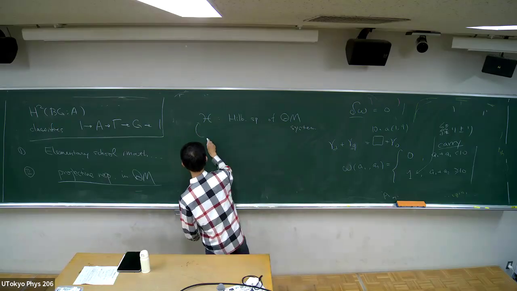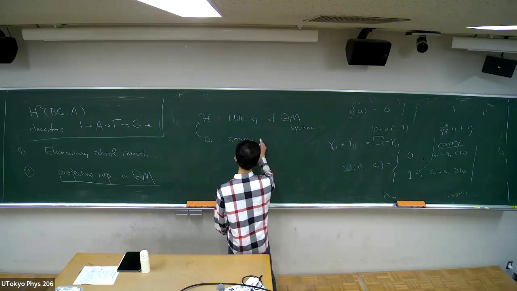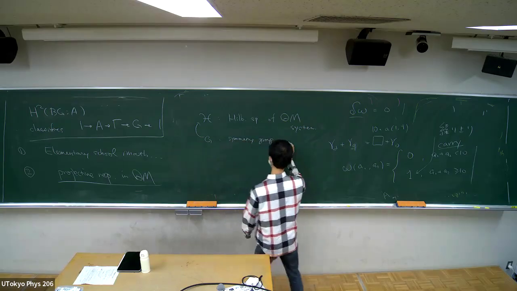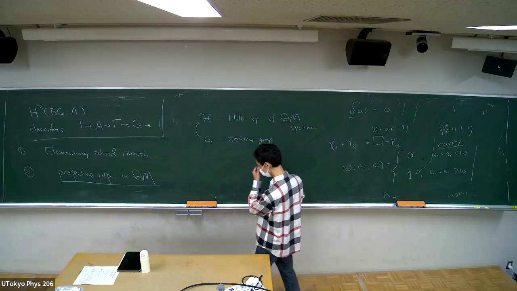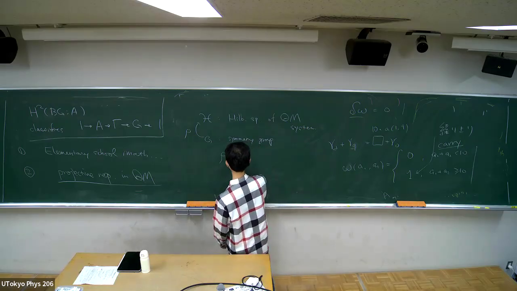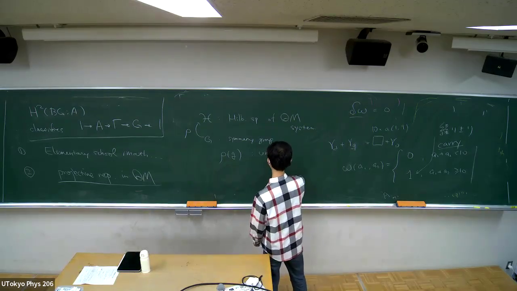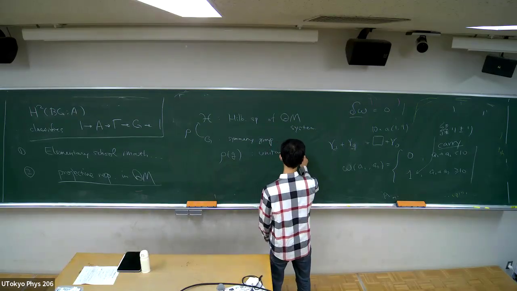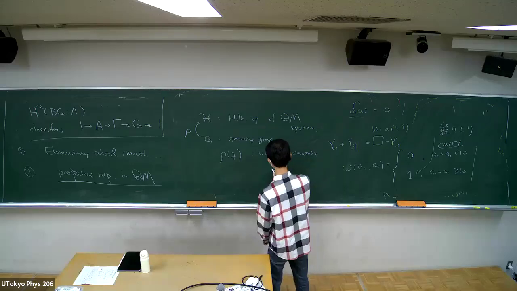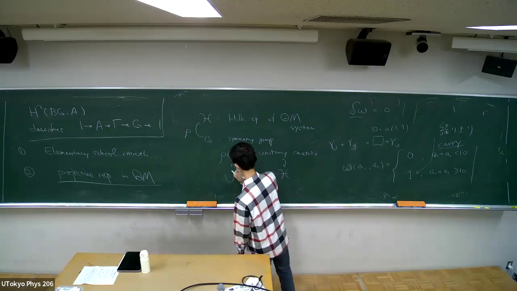And you have an action of a symmetry group, symmetry group G. Usually, such an action rho gives you rho of G as a unitary matrix acting on the Hilbert space. Let's use UG instead.